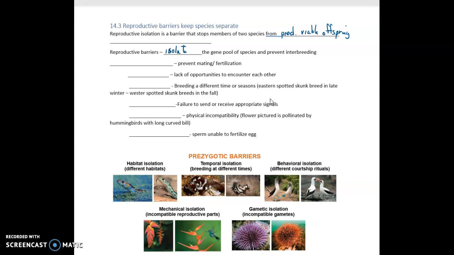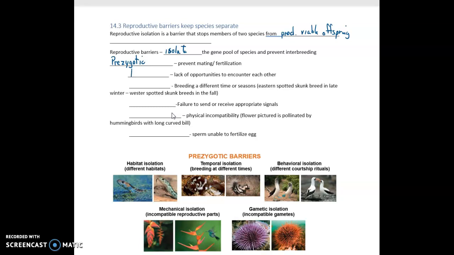So there are a couple different kinds. There are prezygotic. If you'll remember that a zygote is a fertilized egg, the prezygotic reproductive barriers will prevent the making of that egg. They'll prevent mating and fertilization.